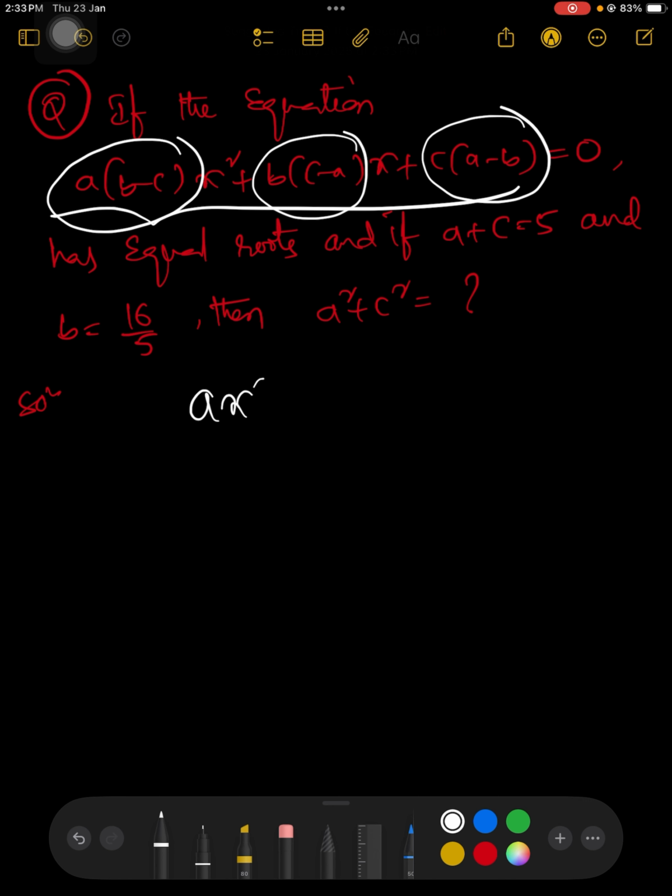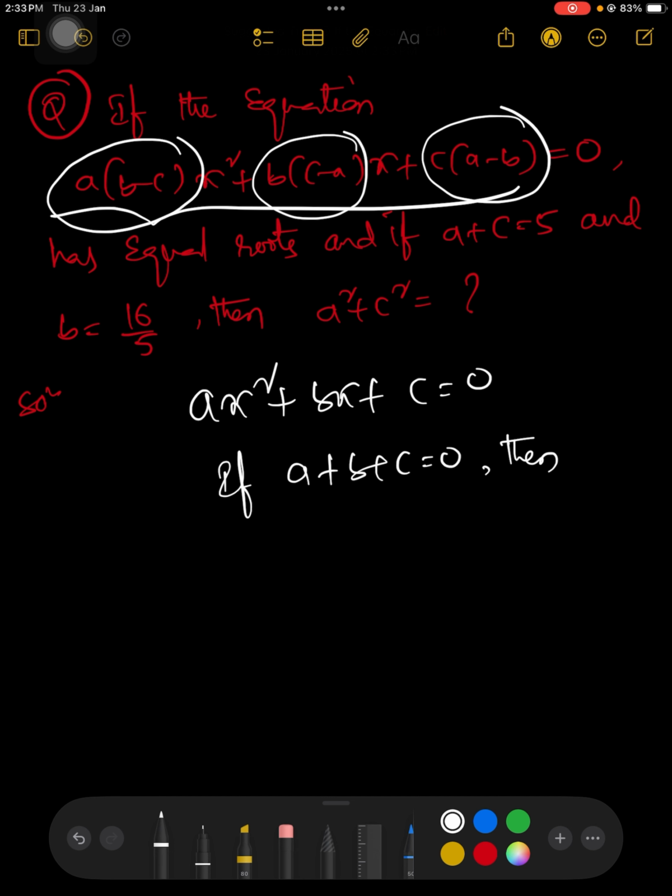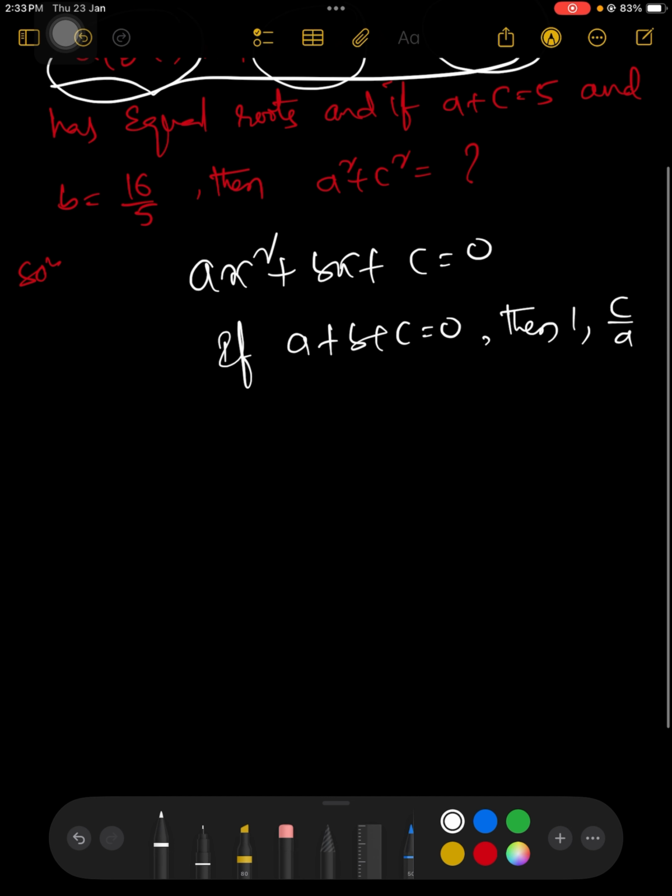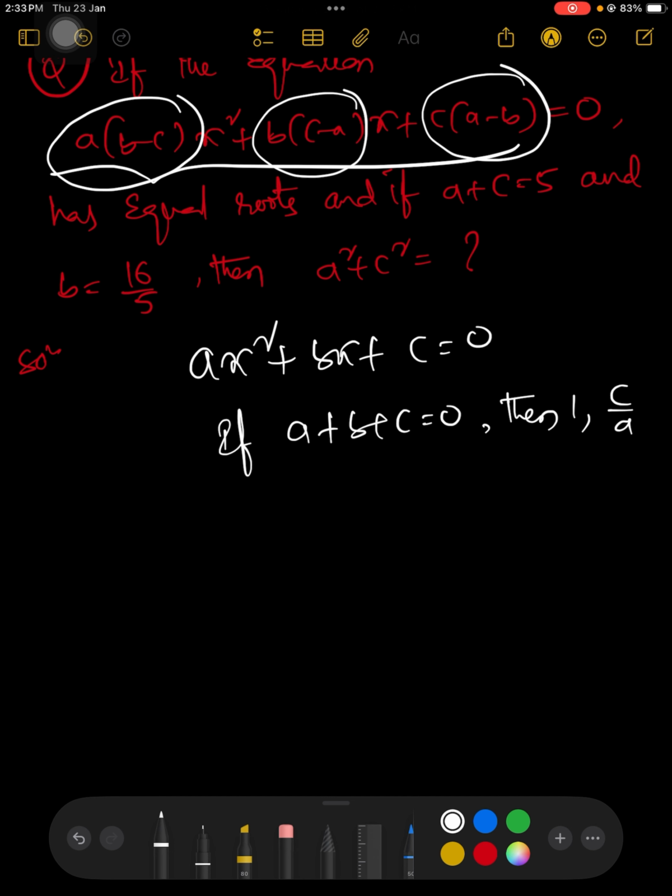If for a quadratic equation ax square plus bx plus c equals 0, a plus b plus c equals 0, then the roots are 1 and c by a. So according to this, for the given question, the roots are 1 and c by a.